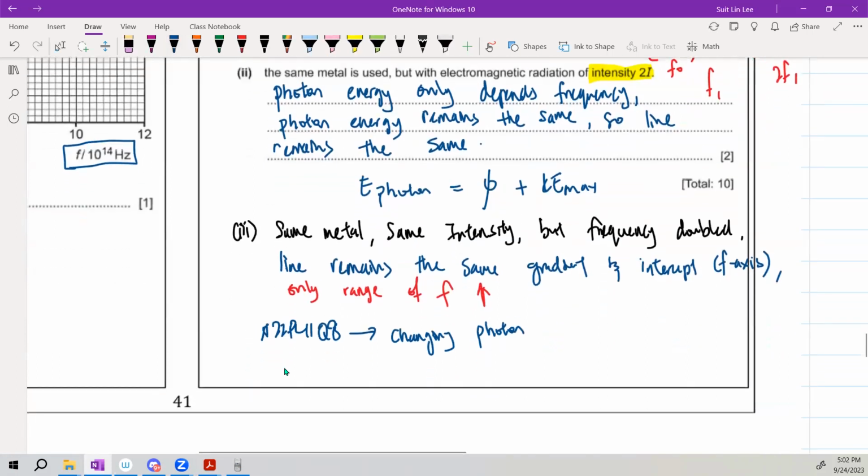Why is my handwriting so bad today? ON22 P41. Okay, and then there is one that I don't want to do for you because I want you to do it first. If you haven't tried this question yet, May June 22 P41, question 5B.